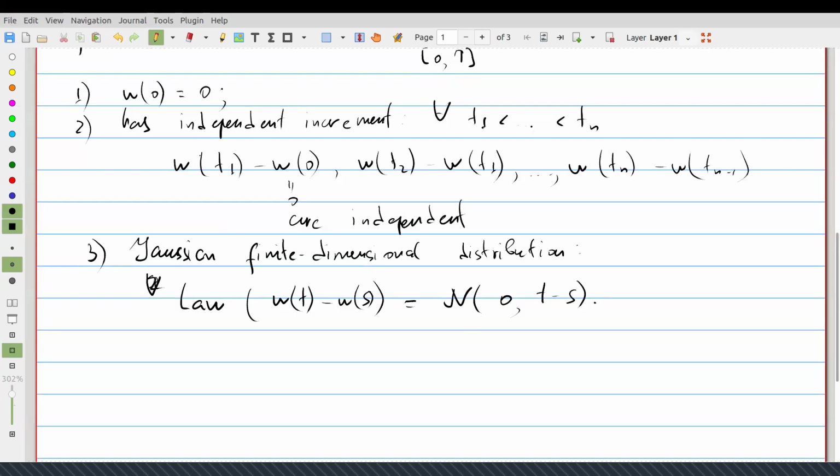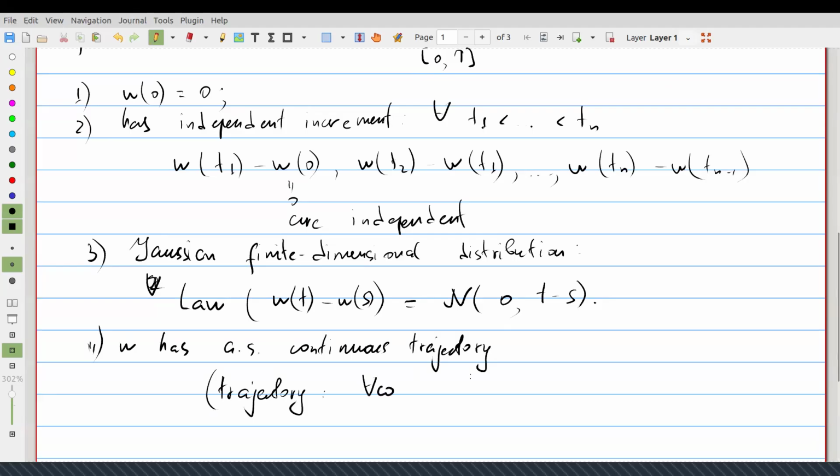It is often added in the definitions that W has almost surely continuous trajectories. Recall that trajectory is, for every omega, we can define this function W_t(omega).